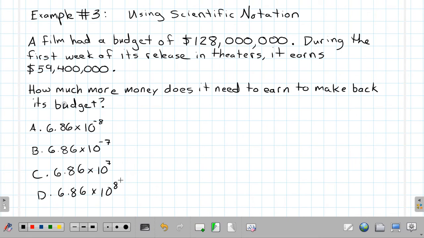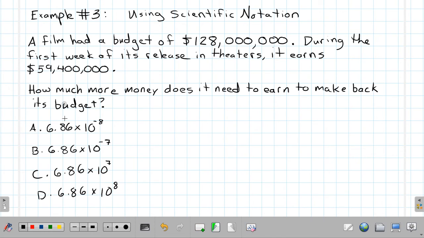Now, when you're looking at these answers, if you got a multiple choice question like this, we can actually throw 2 of these answers out right off the bat, okay? Because once again, if we know the difference between a positive and negative exponent and how it affects the numbers, we're talking about up here giant numbers, big numbers, okay? 128 million, 59,400,000.